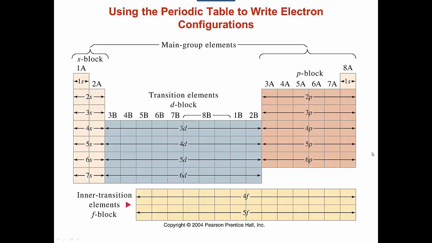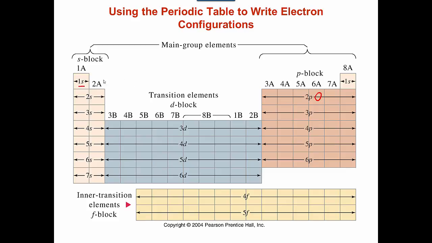Let me show you an example of how we could do this. Let's say we want to write the electron configuration for oxygen. Oxygen would be right here in group 6A. So I'm going to read from left to right.